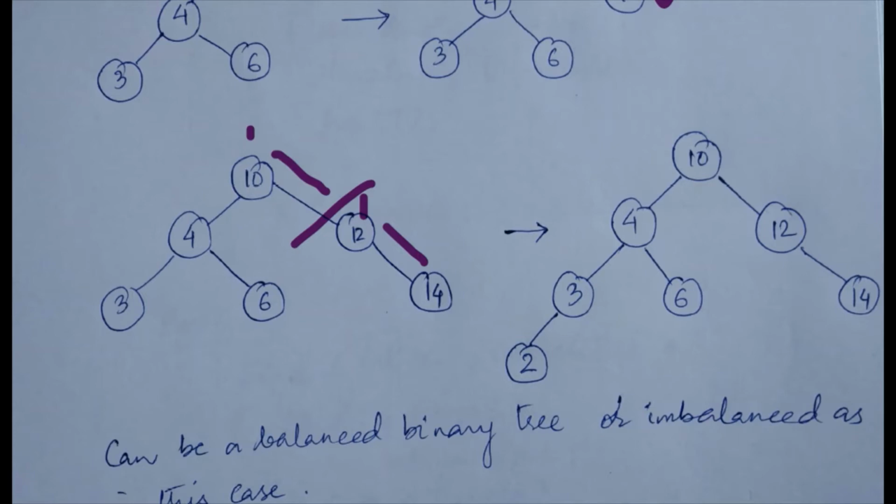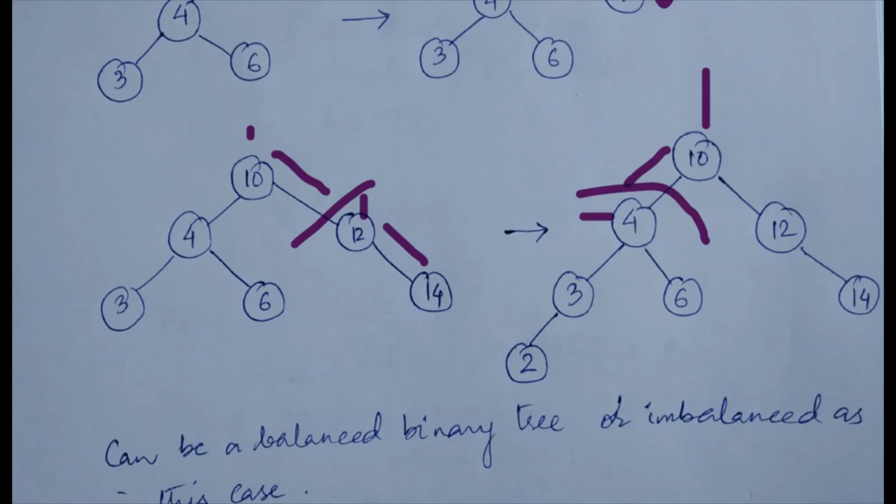Then 2 comes. We compare 2 with 10. 2 is less than 10, so 2 goes to the left subtree. The left child of 10 is occupied, so we call the same add procedure on the left subtree. That's why trees are recursive.